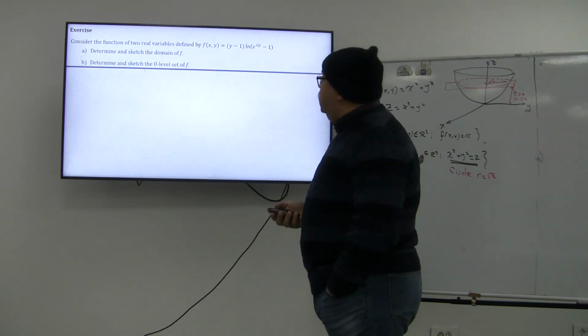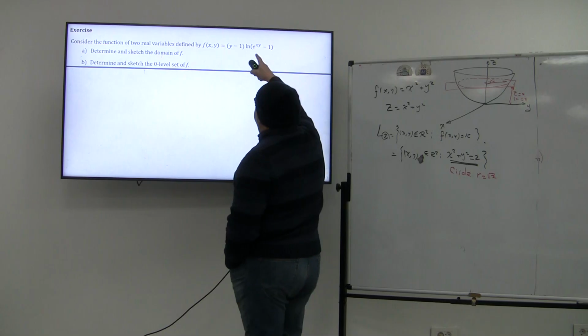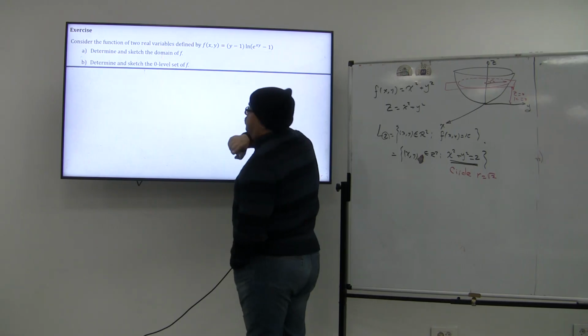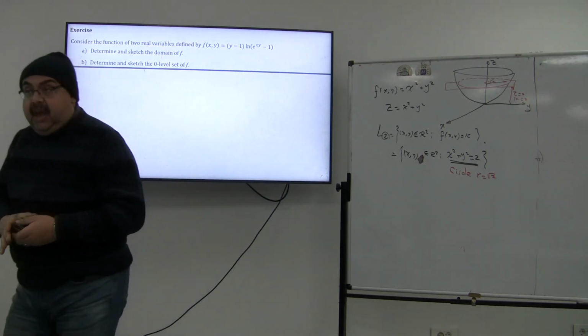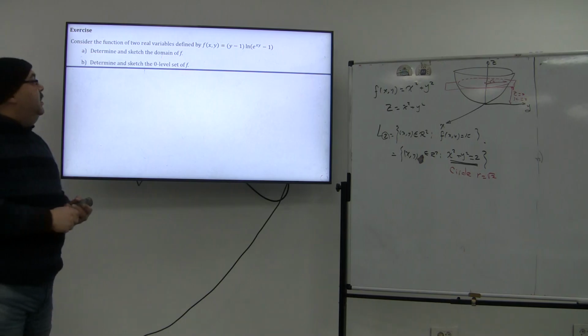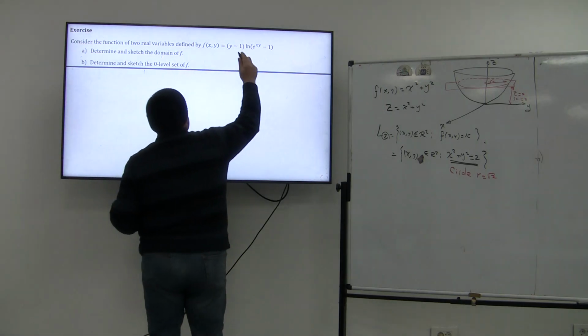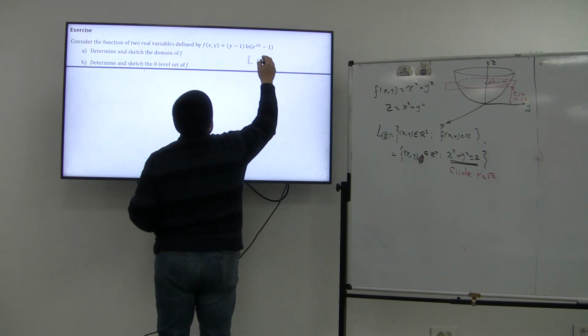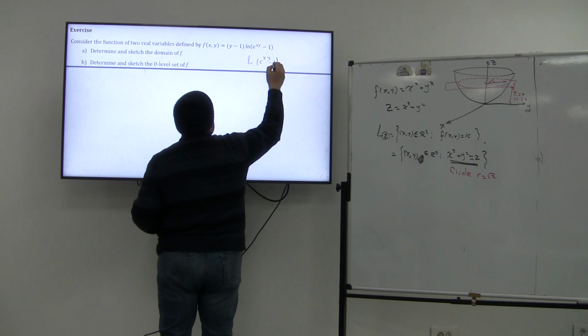The only regulation will be that this should be greater than 0. I'm sorry. So the only regulation that I have is the value behind the ln. The y minus 1 has no problem. It can grow to whatever. But now I have ln of e to the power of xy minus 1.